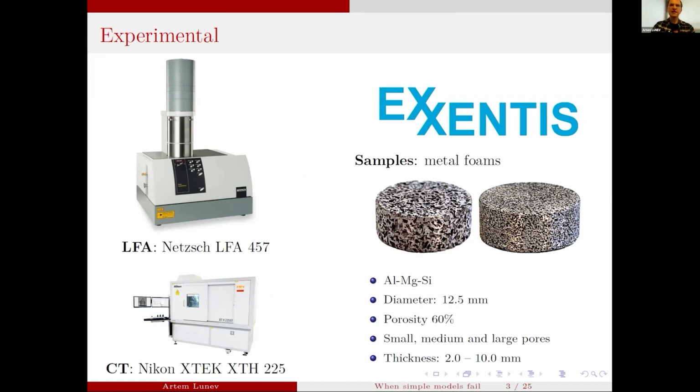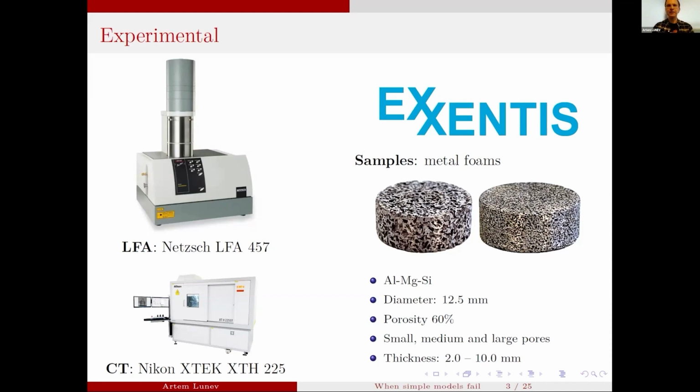The laser hits a sample placed inside a gas chamber, and there is a short period of light absorption in the sample. When the light is absorbed, usually at the sample front surface, we can track the propagation of the temperature front using an infrared detector, usually an indium antimonide detector.